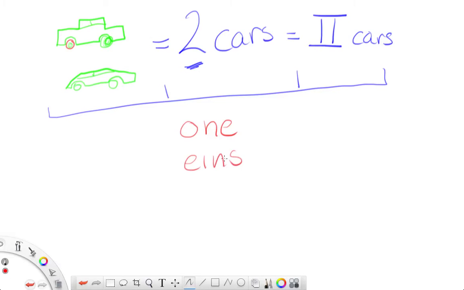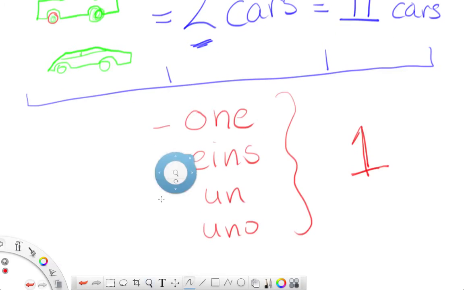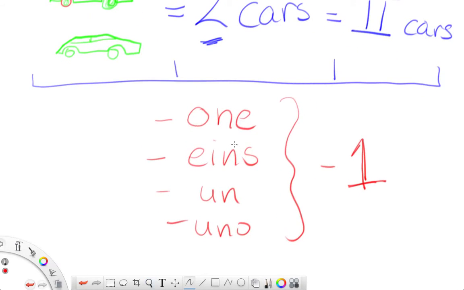In German, I would write that. In French, in Italian, etc. All representations of the number 1 or the value 1. So I could use this, this, or this. They're all representing a number 1.